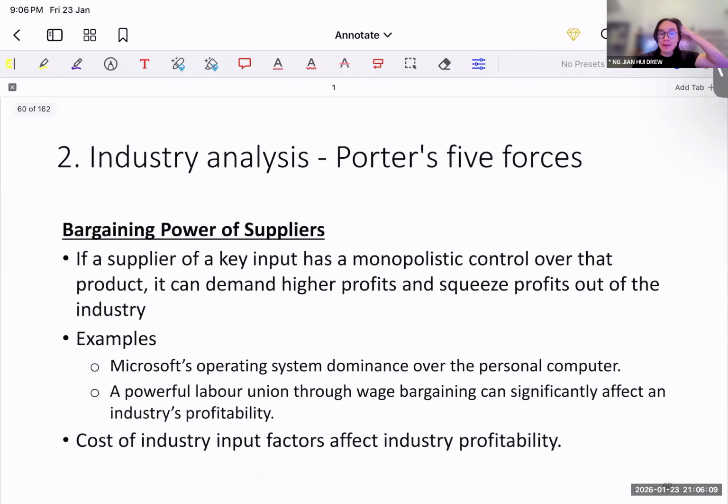Okay, on the flip side, suppliers can also have more bargaining power, meaning that you are dependent on one or two suppliers for your products. For example, the big five iron ore producers. Not sure whether many of y'all follow the minerals and metal market, but the big iron ore producers are companies like Vale, BHP, and what's one more? I can't remember the third one.